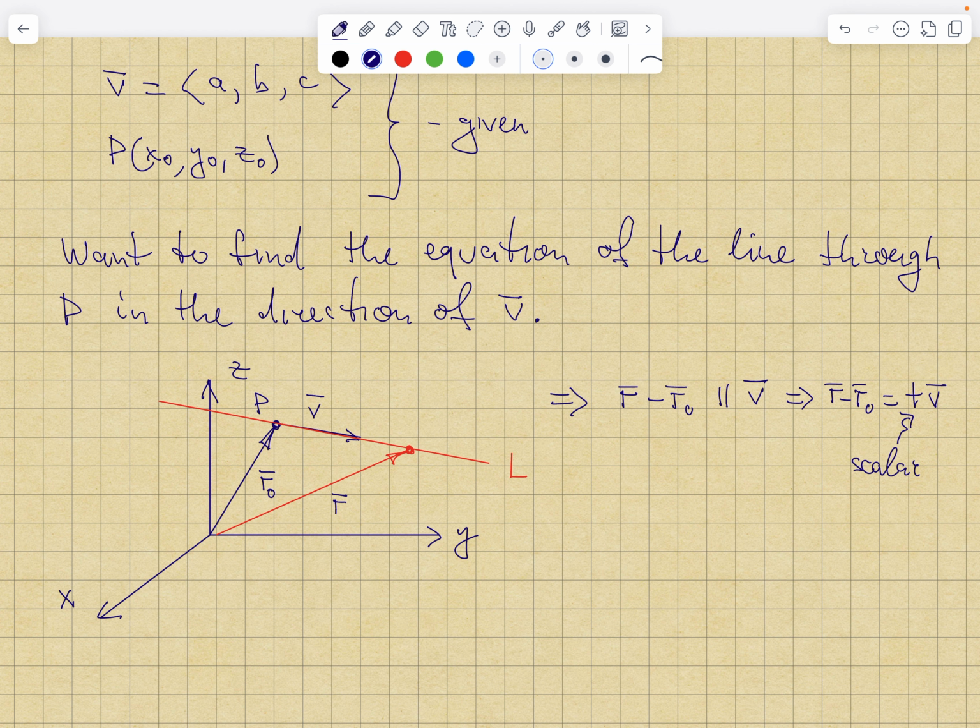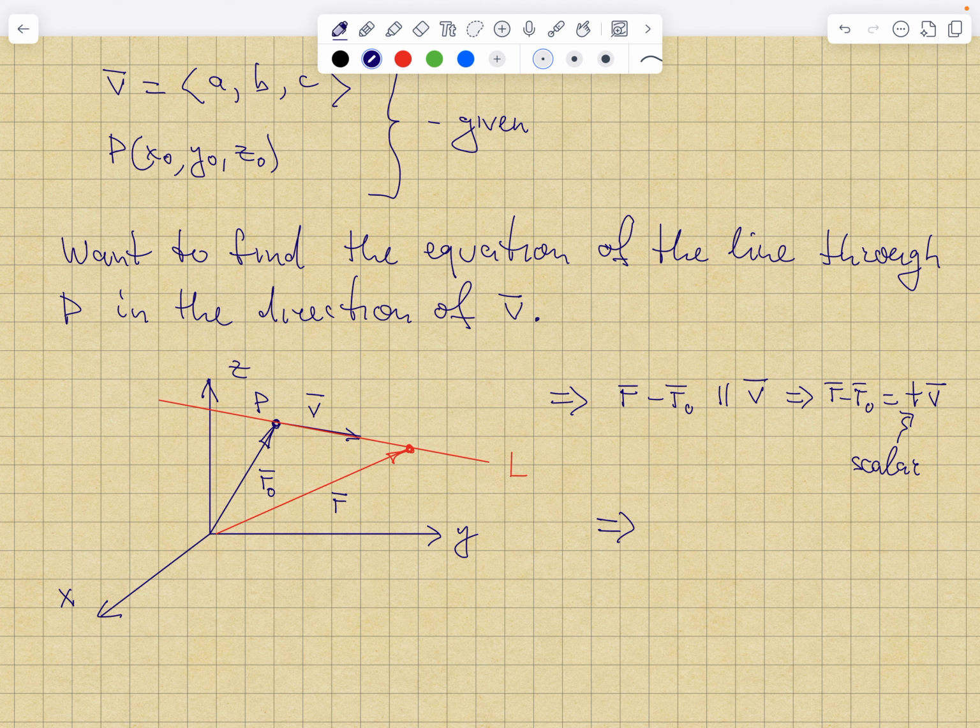And solving this equation for R, we're going to get that R is equal to R0 plus t times v.